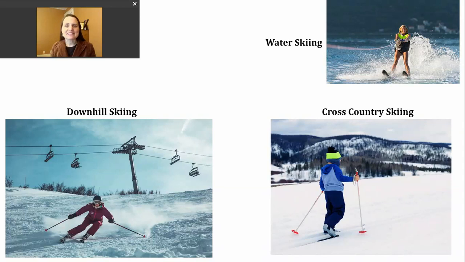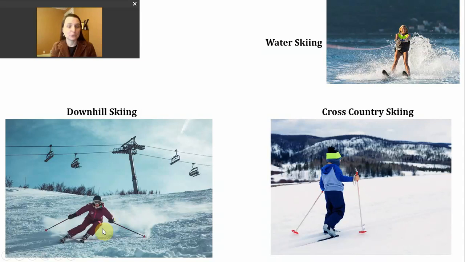As I promised, a little deeper explanation about ski. So again, there are these different forms. When most people hear about skiing, they think of downhill skiing. So someone is in the mountains on a very large hill, and they will use this device to travel up to the top of it.